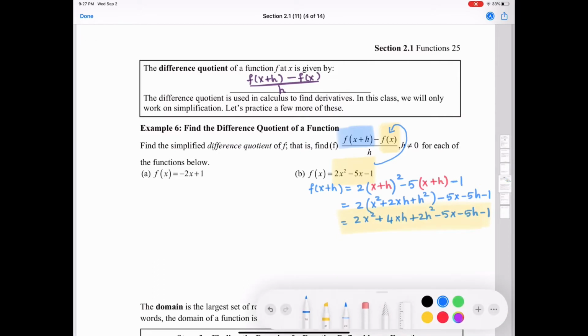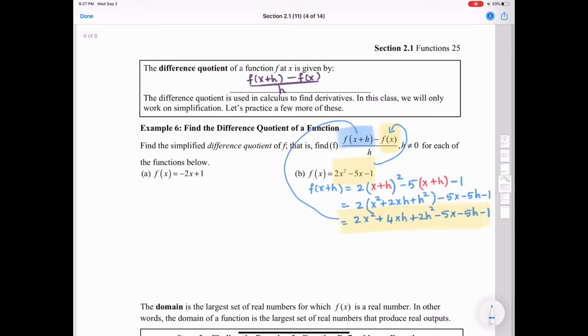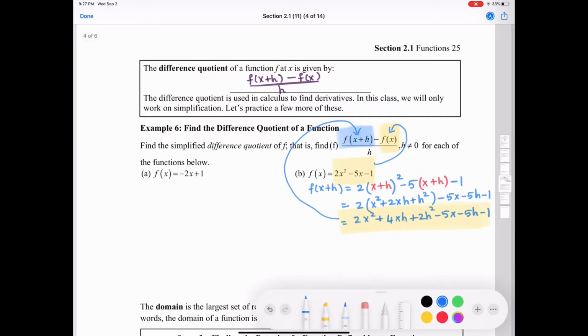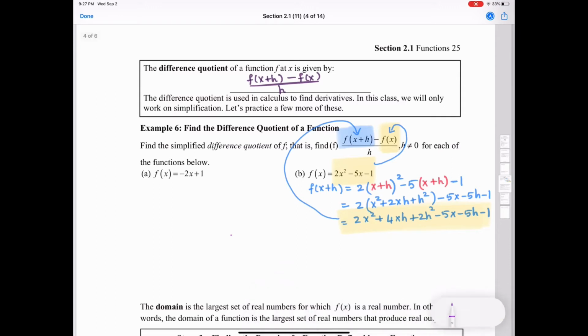So this is the difference quotient, and I'm going to plug it back in here, and therefore my difference quotient would be 2x squared plus 4xh plus 2h squared minus 5x minus 5h minus 1 minus the function, which is 2x squared minus 5x minus 1, this whole thing divided by h.